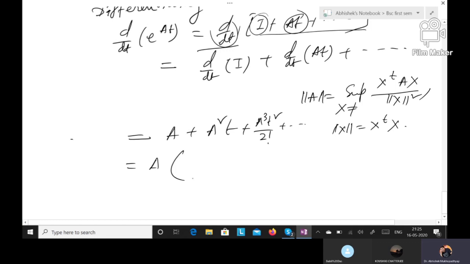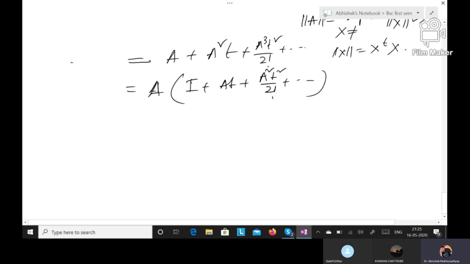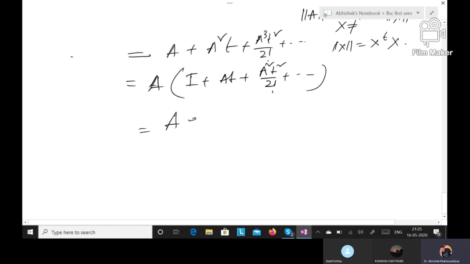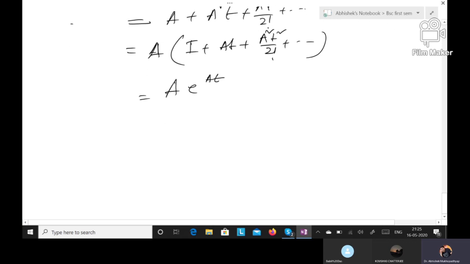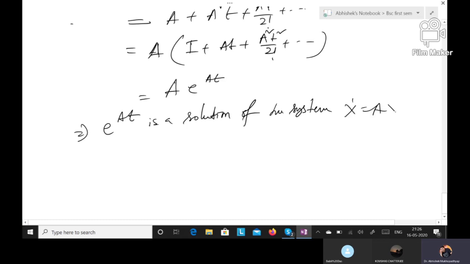Now taking A common, we will have A into I plus AT plus A square T square by 2 factorial, and so on. So that means it is A e to the power AT. And this implies that e to the power AT is a solution of the system X dot equal to AX.